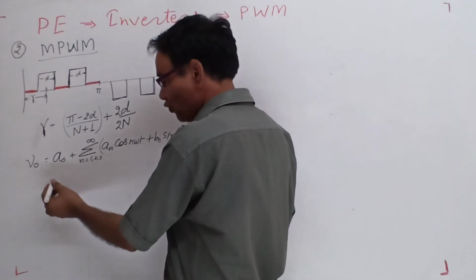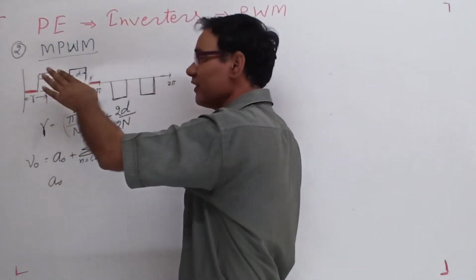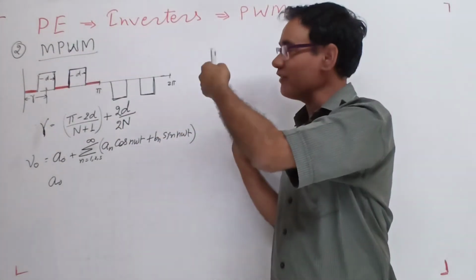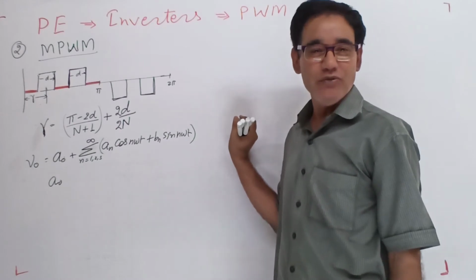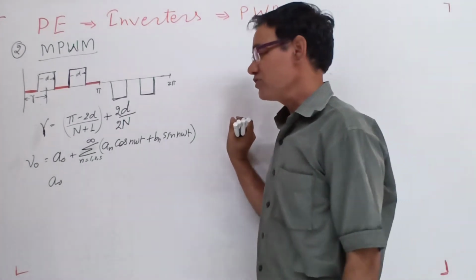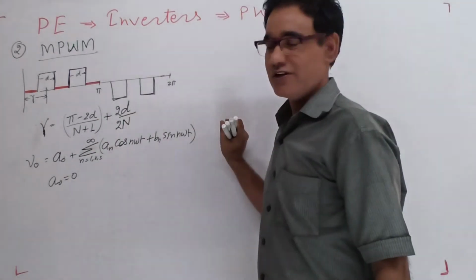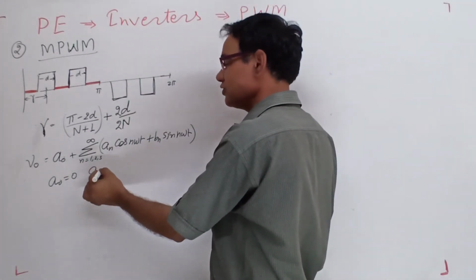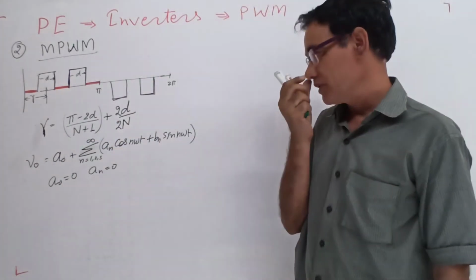The average value over the whole interval from 0 to 2 pi gives 0 because it is AC. As well, an is also 0, because of the same positive and negative values.